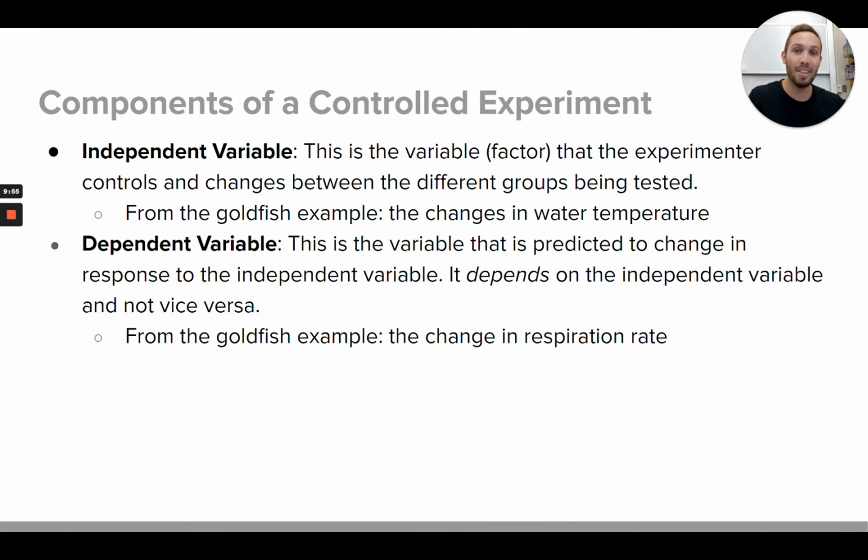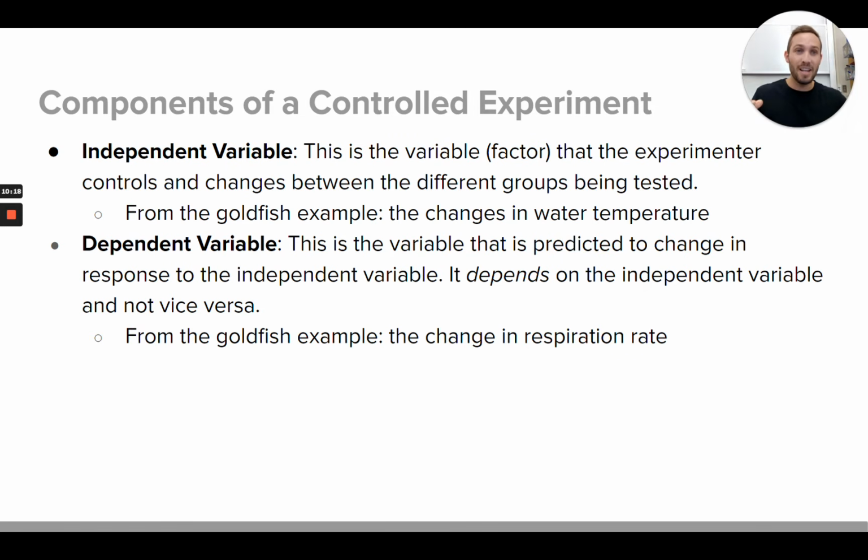Starting with the independent variable, that is going to be the variable, or sometimes we call it the factor. This is the thing that the experimenter, me in this case, the researcher, is controlling and changing on purpose between the different groups being tested. So think I for independent variable, and I, the experimenter, am purposefully changing it between the groups.